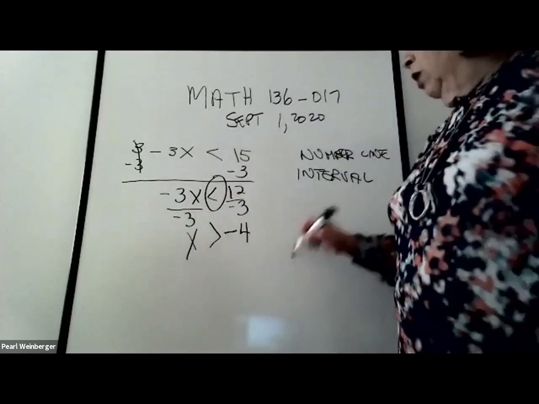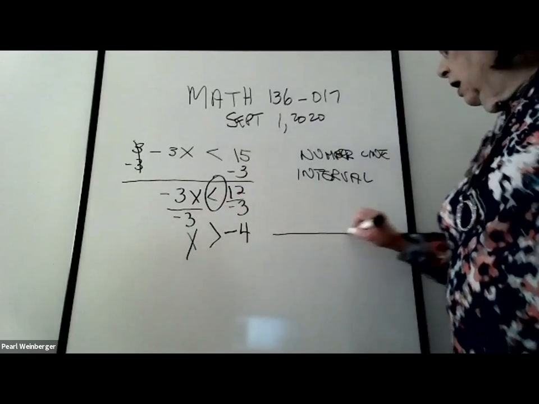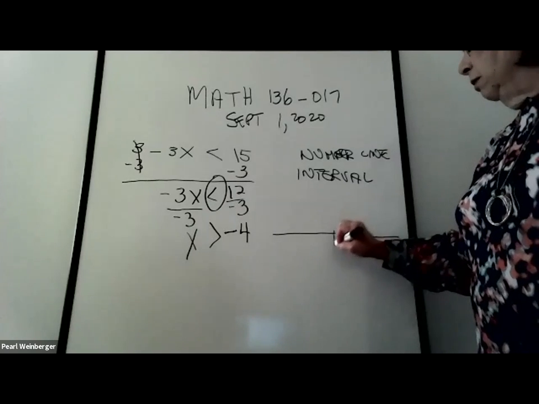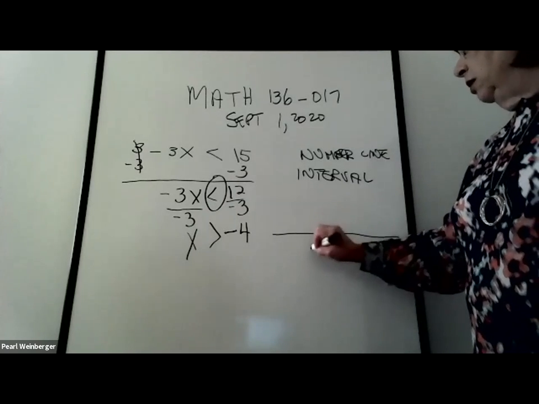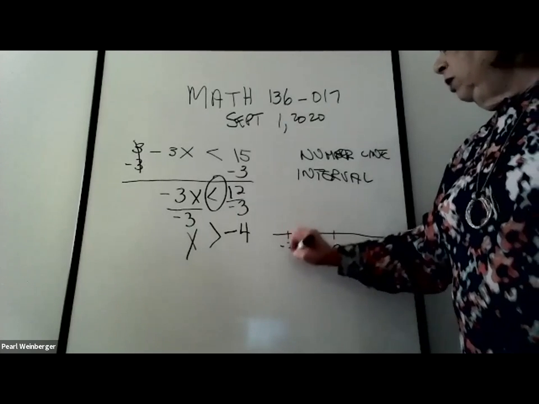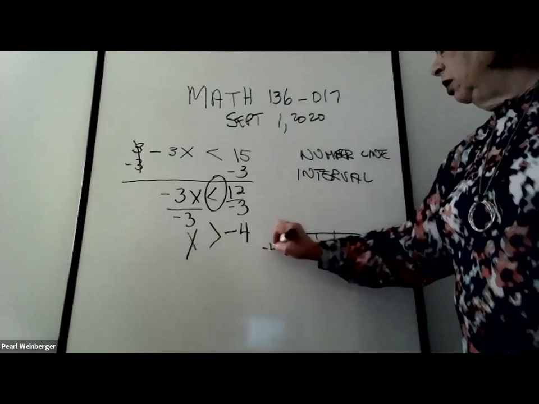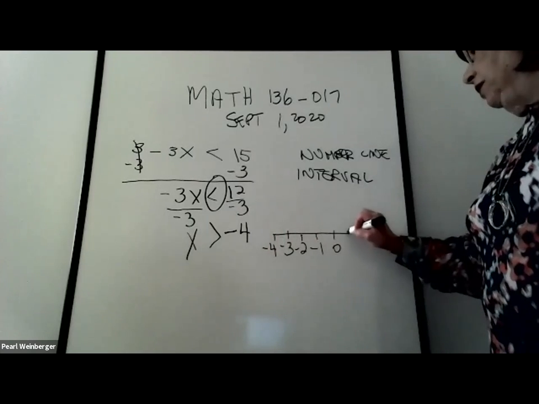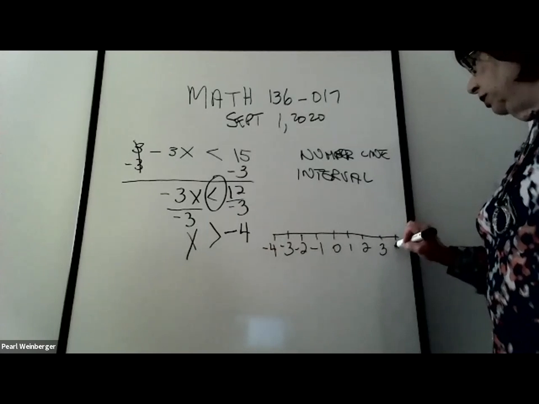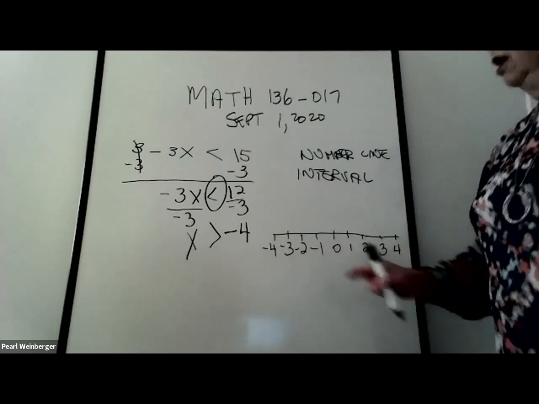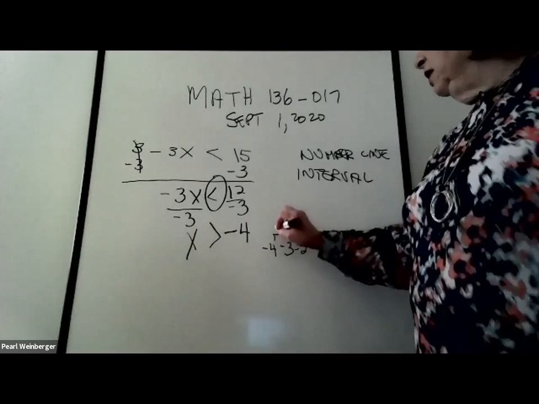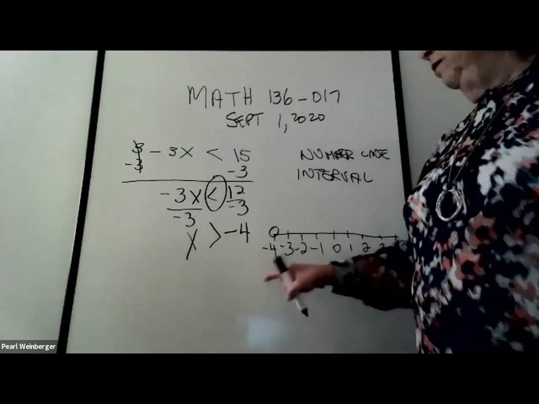written as an inequality. And as a number line, what we have to do, here's my number line, here's my 0, here's negative 1, negative 2, negative 3, negative 4. That's going to the left. To the right, it would be positive 1, 2, 3, 4. So here's a number line. Since this says x is greater than negative 4, it means we have to start at negative 4.